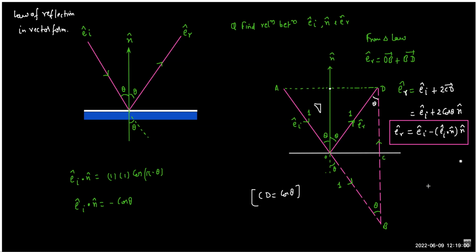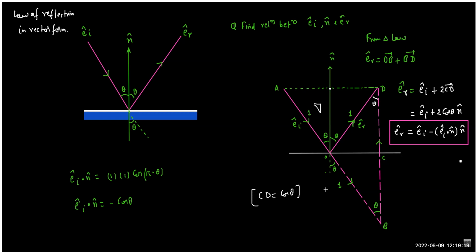Is this clear? The vector equation. Yes. So once you know the incident ray direction and the normal direction, you can find the direction of the reflected ray using this formula directly.